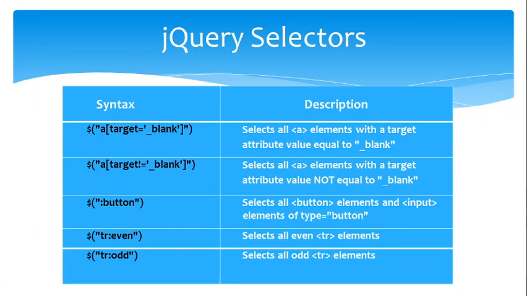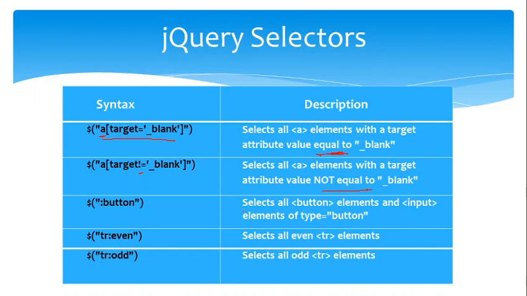So wherever you use the anchor tag, the jQuery syntax and operation will be applied and you will get the answer. Here, a target not equal to blank. You can apply equal to or not equal to. The symbol is a simple exclamation mark, that is not equal to blank. You can give an operation.